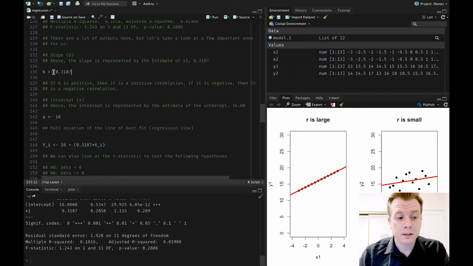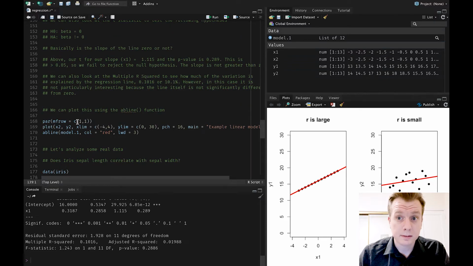One thing to note about b is that a positive b means that there is a positive relationship. As x goes up, y goes up. If b is negative, that indicates a negative relationship, and so as x goes up, y goes down.